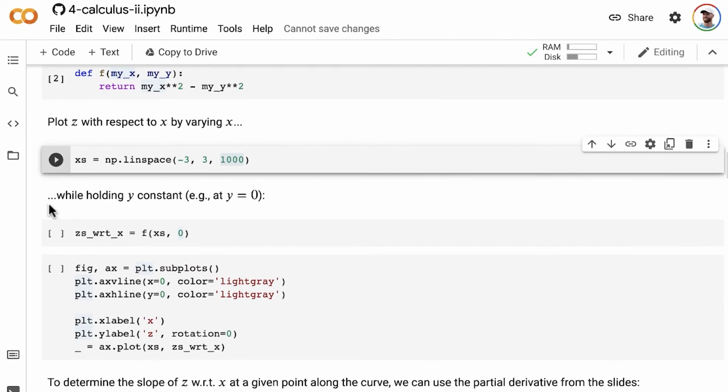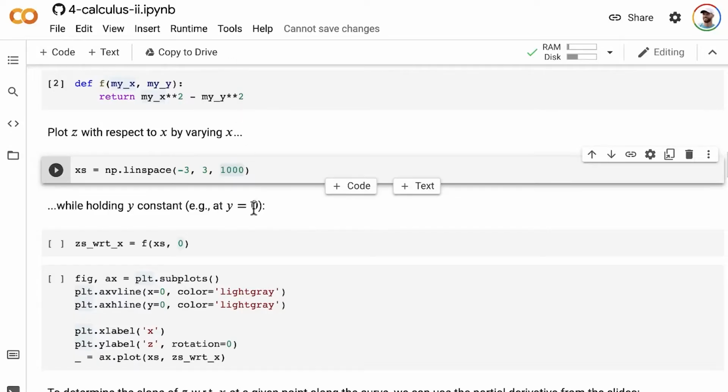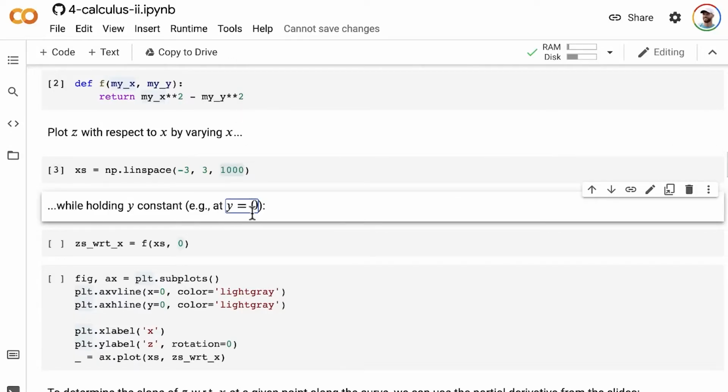And we are also going to need to hold y constant in order to have our z values with respect to x. Because if we want to create something where y is fixed, where it's constant, and z is solely a function of x, well, that corresponds in code to fixing y to some value, let's say 0.